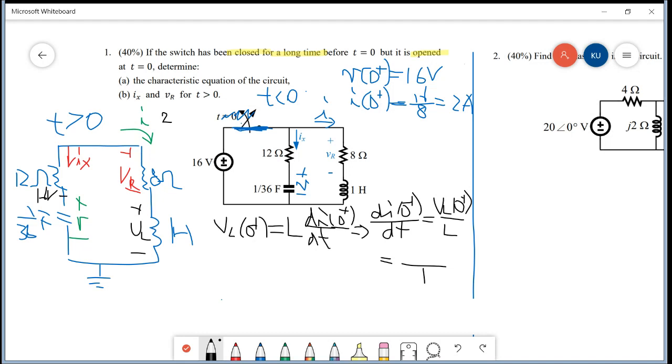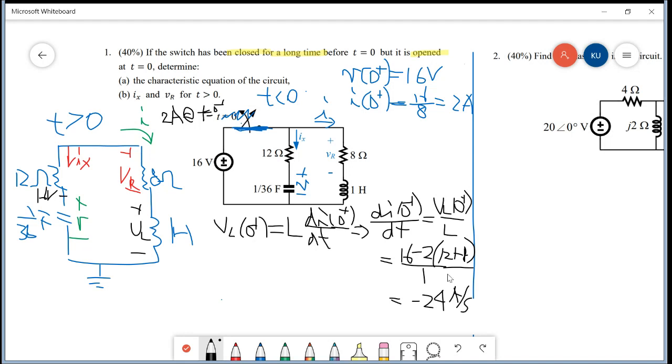This is 2A at t equals 0 plus, which means that the voltage at this point will be 16 minus 2 times 12 plus 8. So it will be like this, and this is 20. So 2 times 20 is 40. 16 minus 40 is minus 24 A over S.